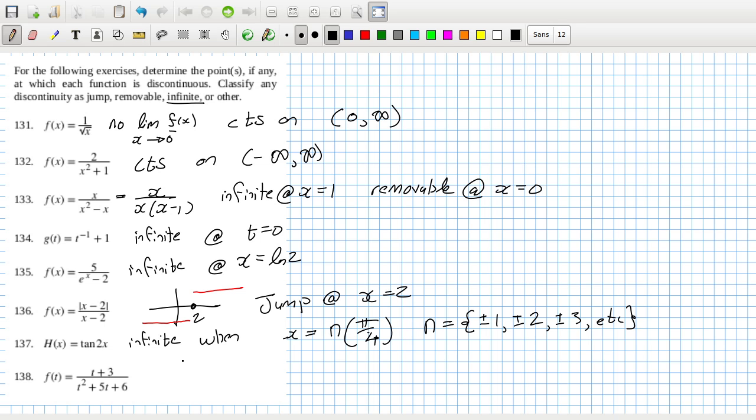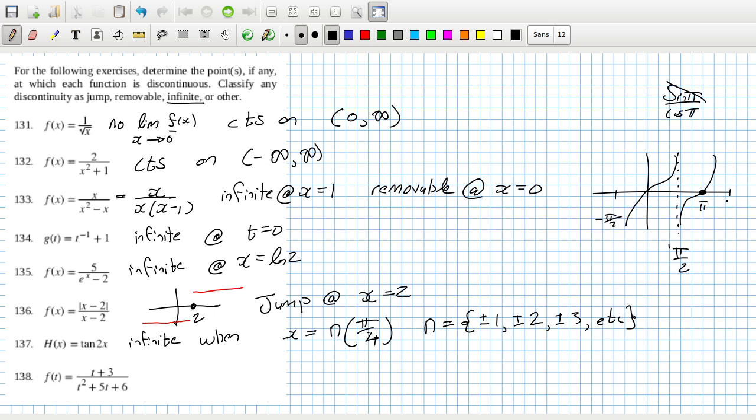I think that's okay. Because with normal tan, these infinite discontinuities, that first one happens at pi over 2, and there's another one at minus pi over 2. At pi, we're okay, because tan of pi is sine pi over cos pi, and that's 0.